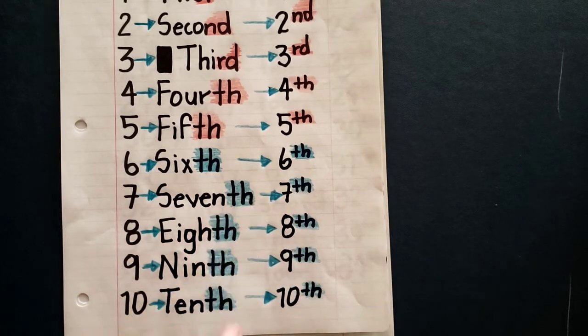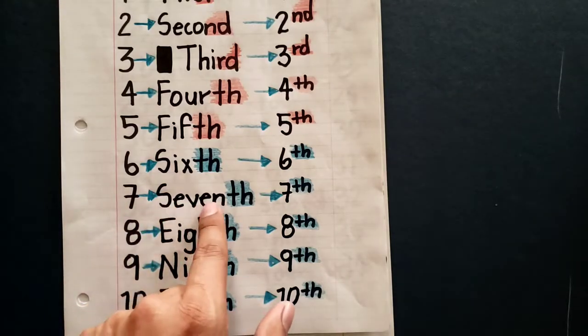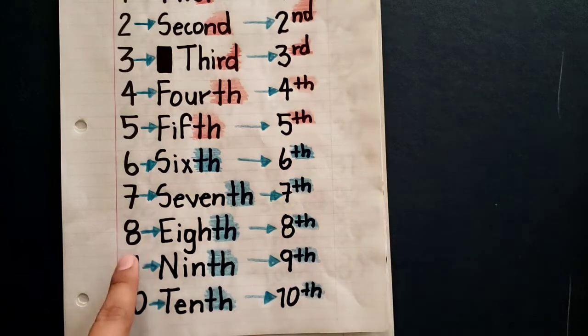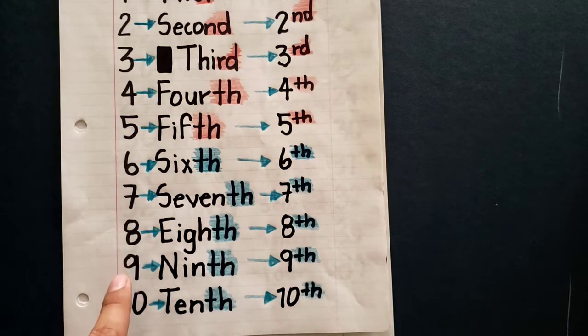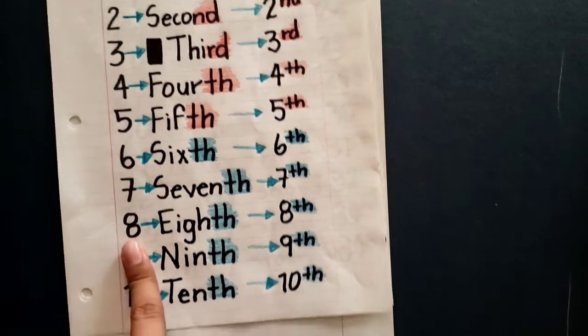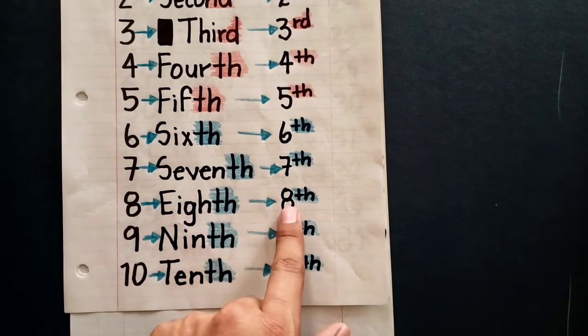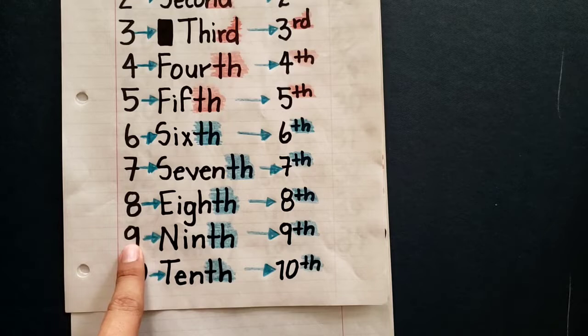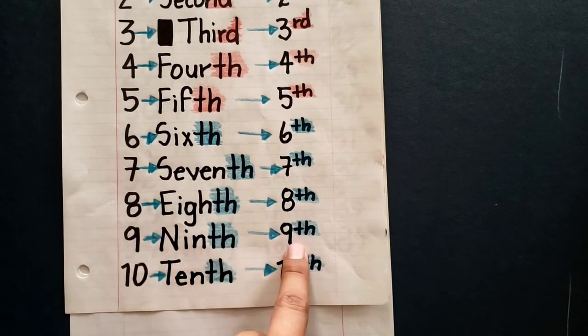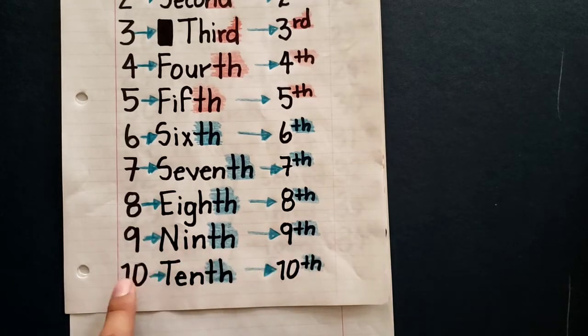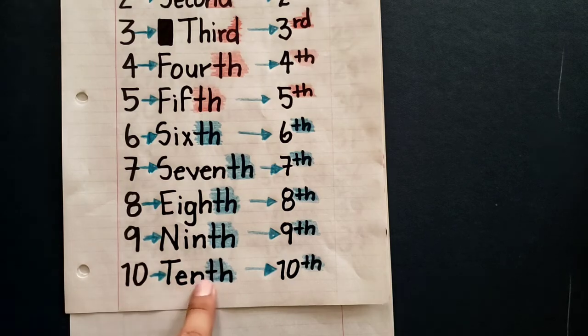The letters TH sound like "th". Okay, so we say seventh. The next ones: cardinal 8, ordinal eighth; cardinal 9, ordinal ninth; cardinal 10, ordinal tenth.